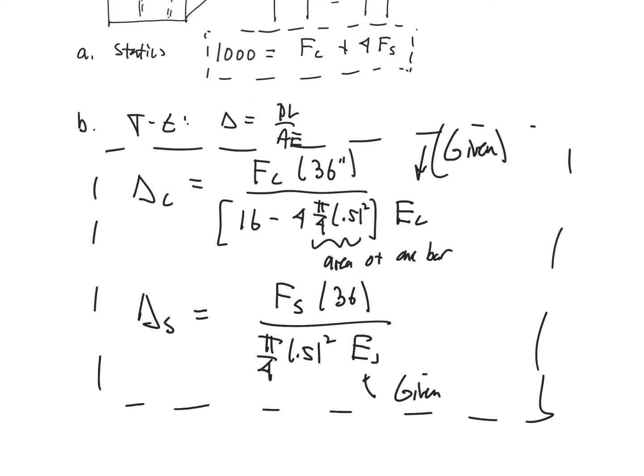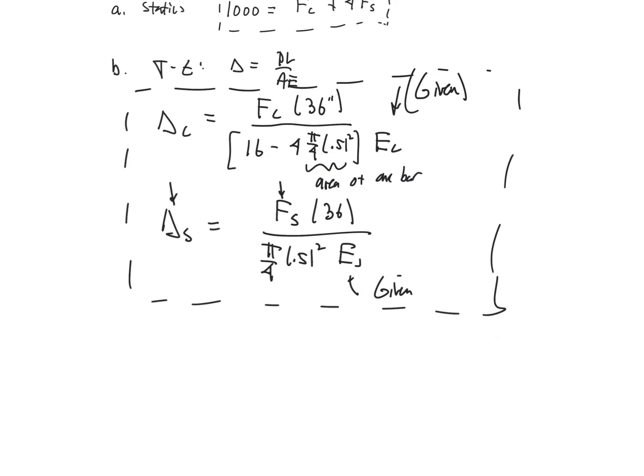Now notice the force in one bar is going to cause the displacement in one bar. That's the way that we've constructed this particular problem. Now here's what's nice about this particular problem, the statement of compatibility. And that question asks, how much of the displacement of the steel is related to the displacement of the concrete?